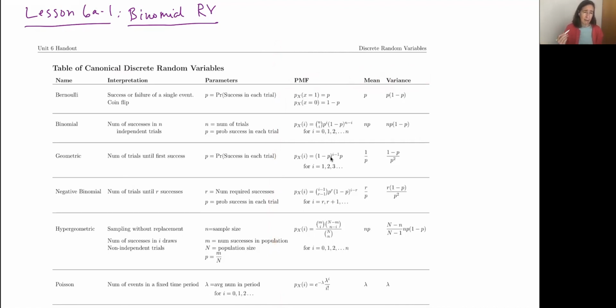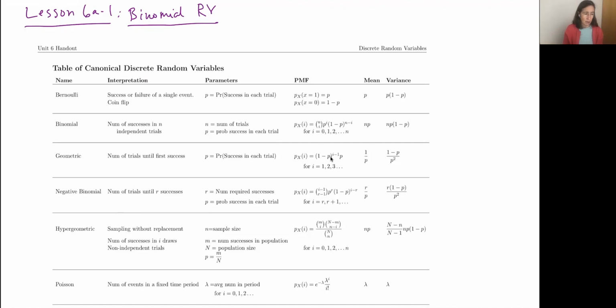We're not going to formally derive everything. We're going to talk through the logic of the PMFs of some of the random variables. Some of them we're just going to say that's what it is, and if you're interested, you can find the formal derivations in books or online.